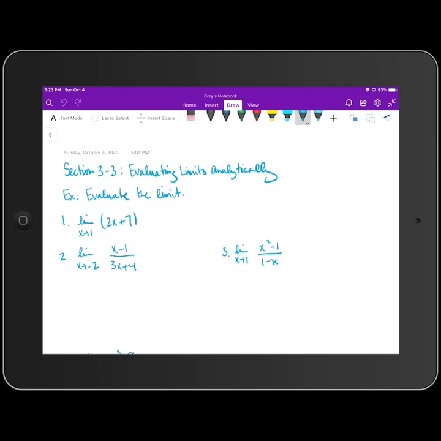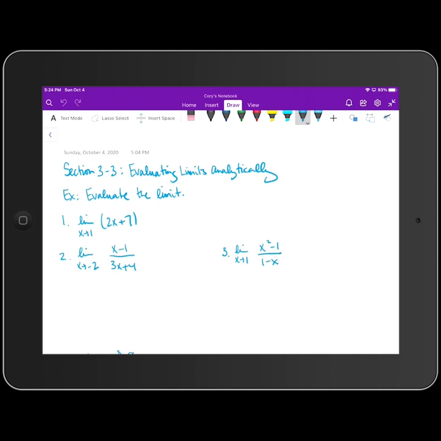Okay, so with the first limit, we're taking the limit as x approaches 1 of 2x plus 7. The first thing we always want to check whenever we evaluate limits analytically or algebraically is, can we use direct substitution with our limit and get a valid output?